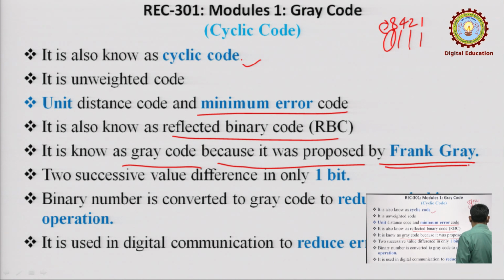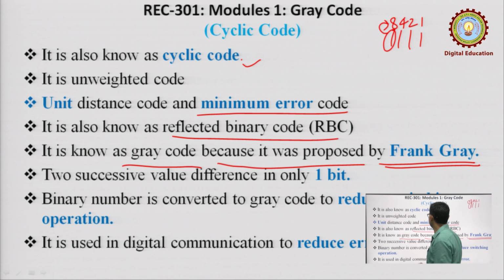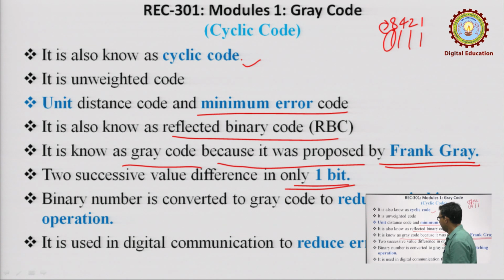This is the name of the scientist. Based on the scientist's name, the name of this code appeared, and the difference between two successive values is only 1 bit. Okay.